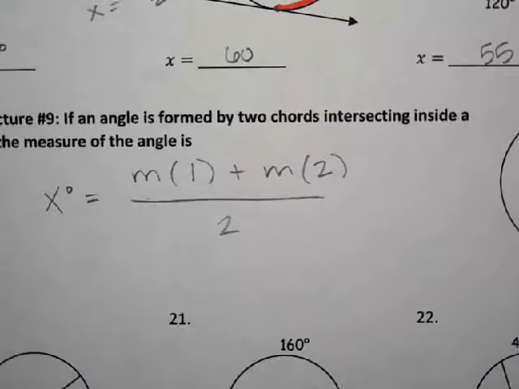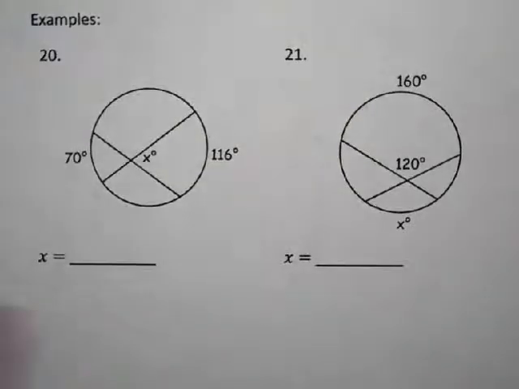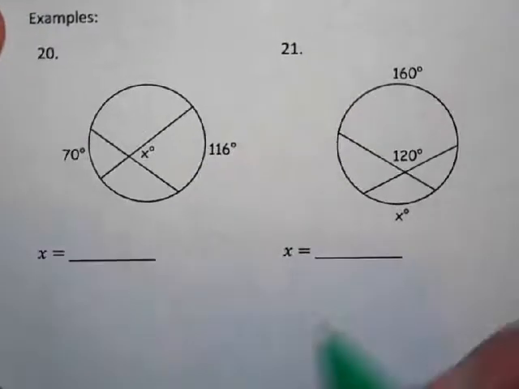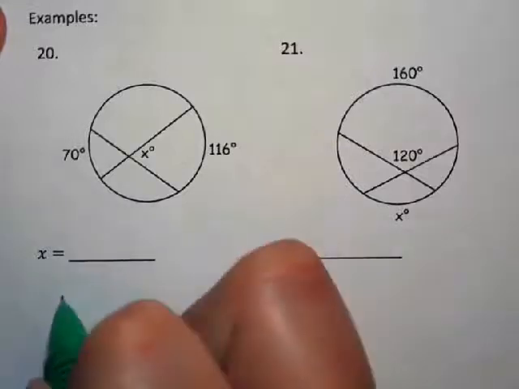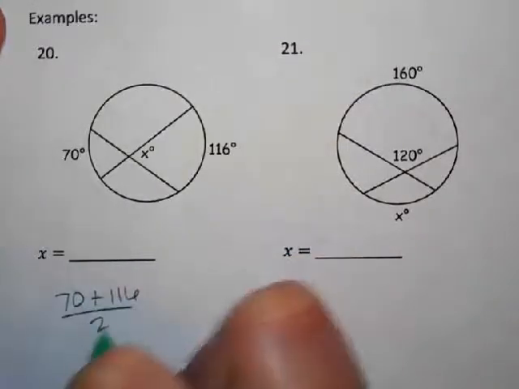All right, so we are adding arc 1 plus arc 2 divided by 2. Oh, 93. You were right, Kel. Beautiful. I was not at all surprised.